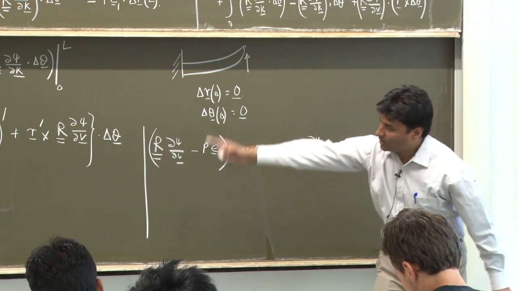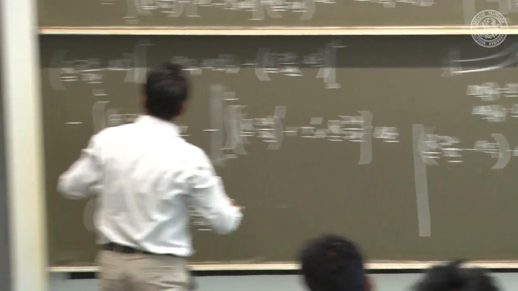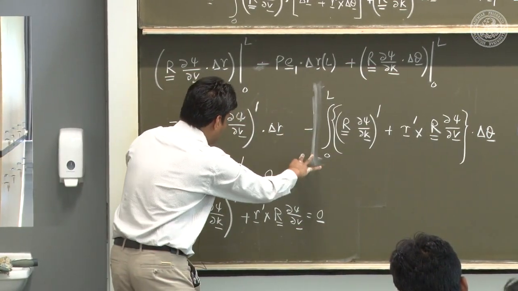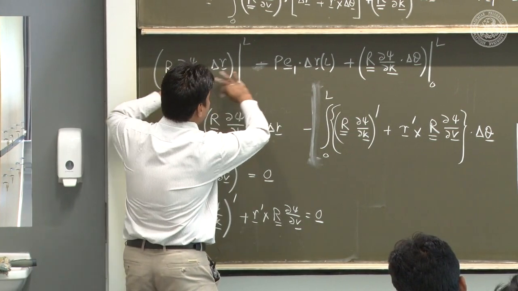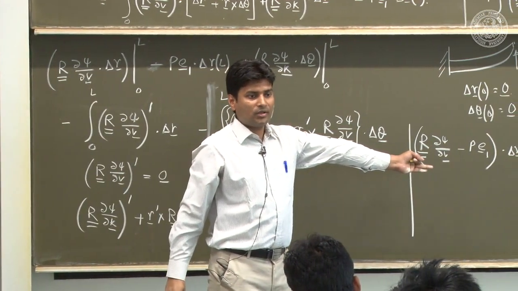The whole first variation had to be 0, but you already found these are 0. So this was remaining, that also has to be equal to 0, which I wrote down over there.